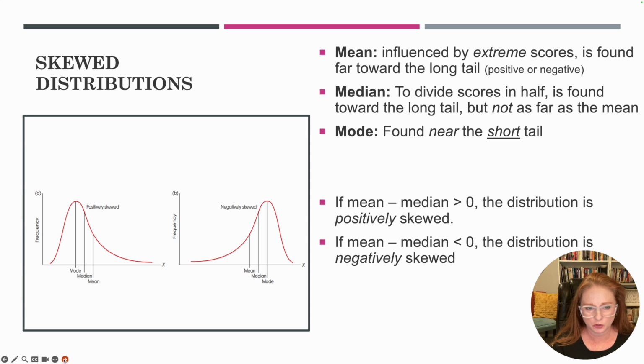If that is greater than 0, and it is, the distribution is positively skewed. If the mean is 7 and the median is 10, it's 7 minus 10, so -3, less than 0, the distribution is negatively skewed. So if your brain likes math over pictures, you can run it mathematically too.